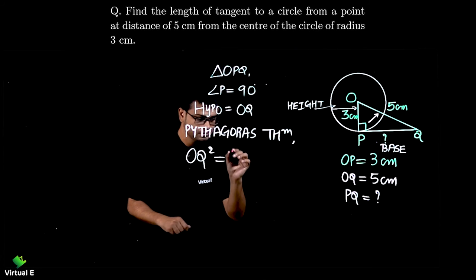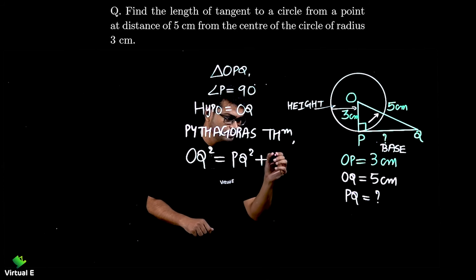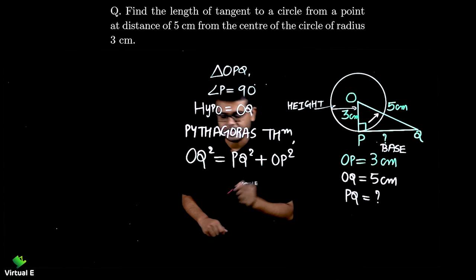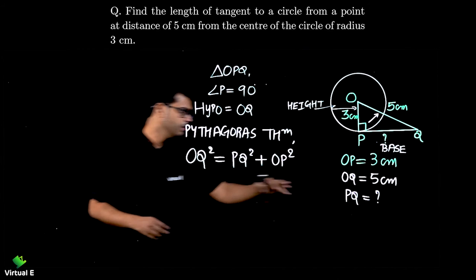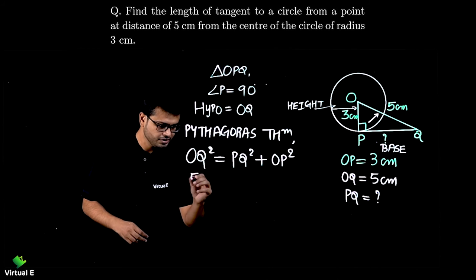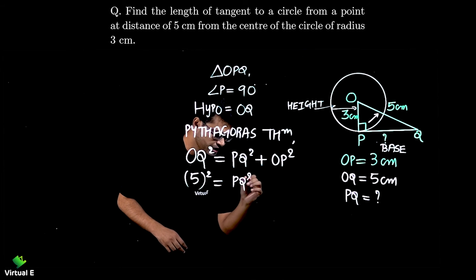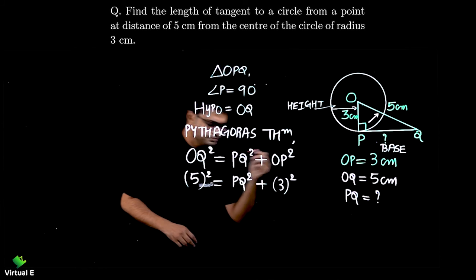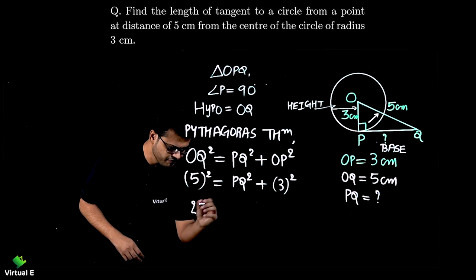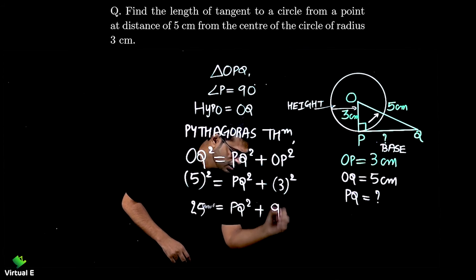The base is PQ. PQ square plus the height, which is OP, and we need to square it. Now let's substitute the values and find the missing quantity. Very simple. OQ is given as 5 cm, so here 5 square. PQ we need to find, so as it is. And OP is 3 cm. Now let's square it. Here 25, here PQ square as it is, plus 9.